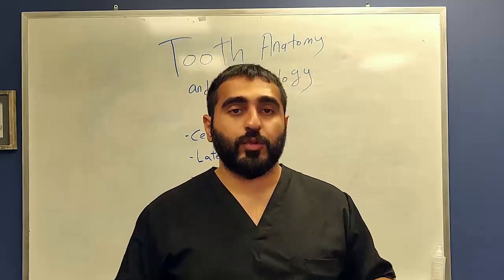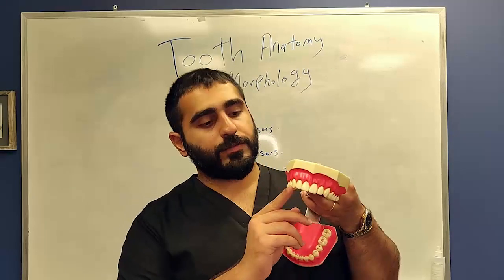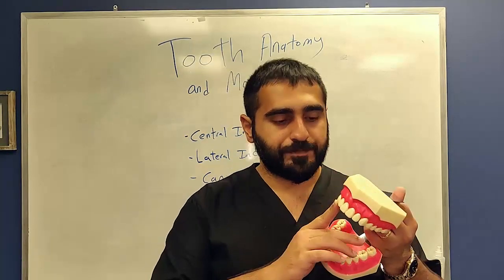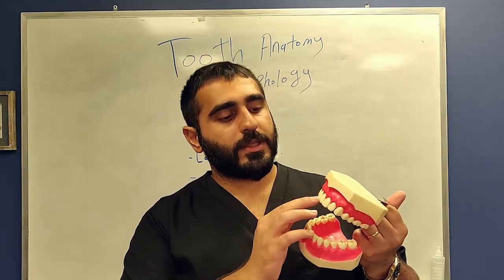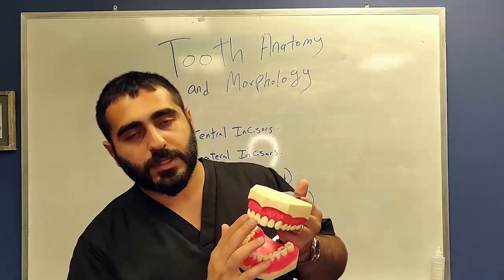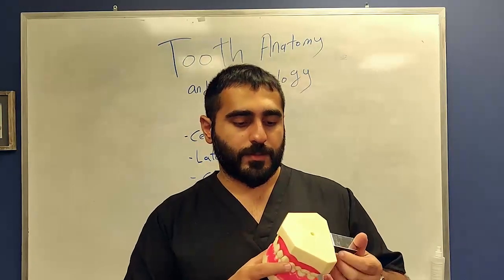Premolars usually have one root, except the upper first premolar, which would have two roots. And then your canines, centrals, and lateral incisors mostly have single roots.